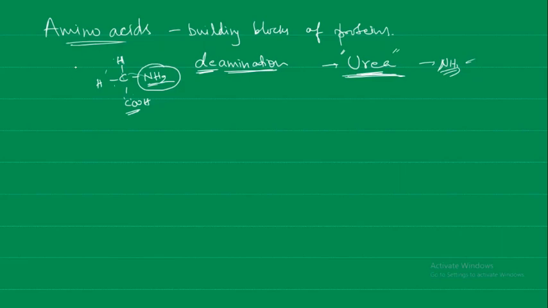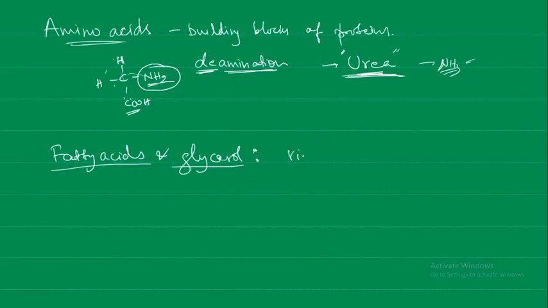Next, how does the absorption of the fatty acids and glycerol take place? Fatty acids and glycerol are mainly absorbed by the gut and transported through the intestinal villi and the lymphatic system.